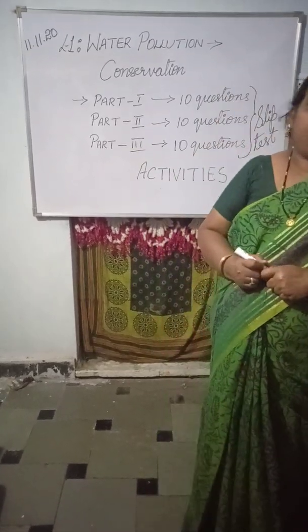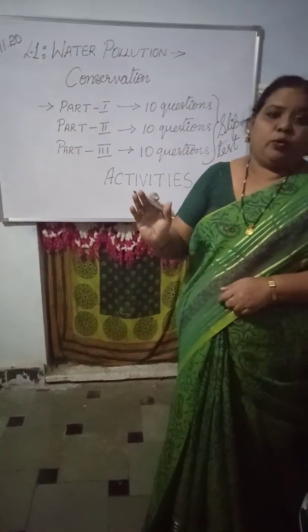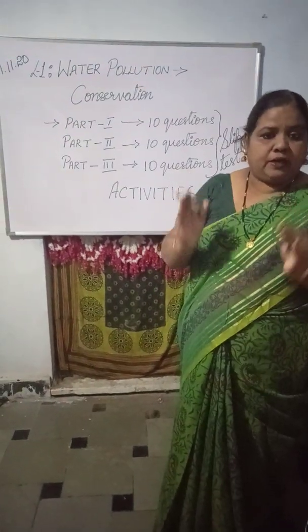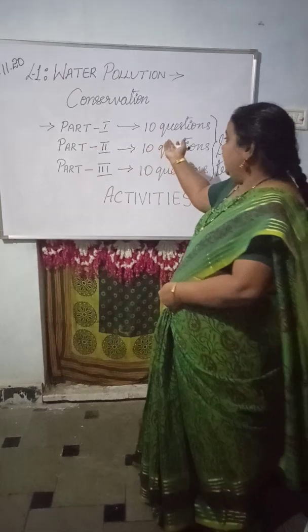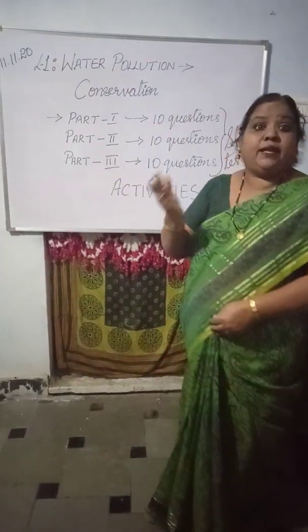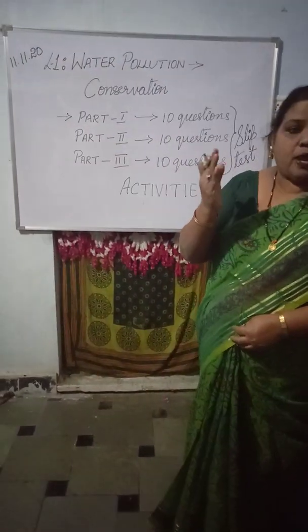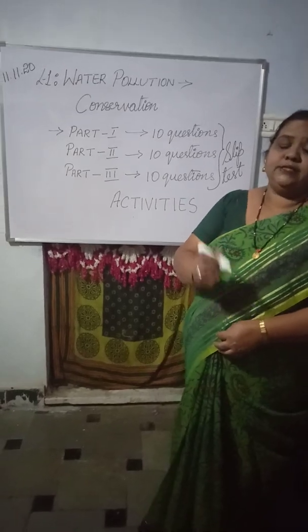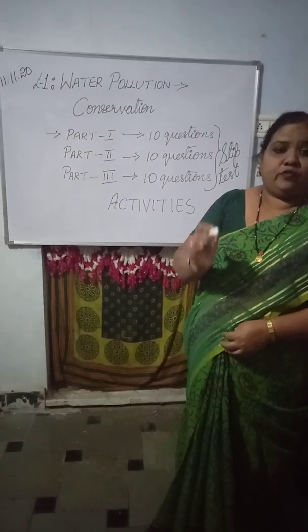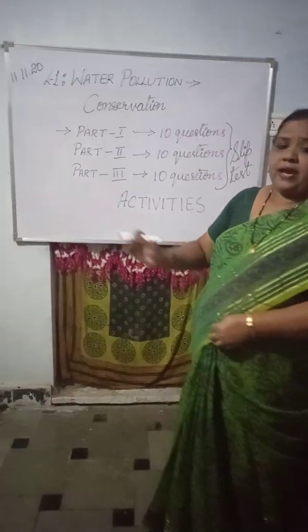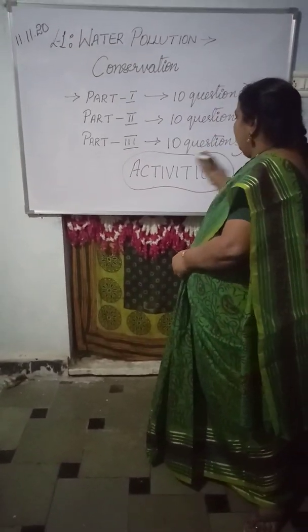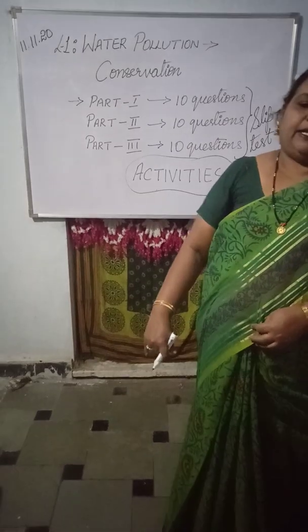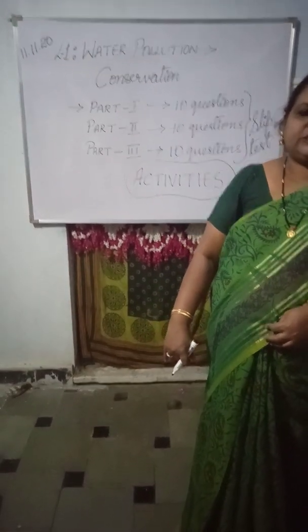All this in which book? Rough notebook. Maintain one rough notebook for E.V.S. Why? Because in a week you are getting 30 questions. You have to answer the 30 questions and be prepared for the slip test. And the activities given, you have to do and maintain in the E.V.S file.